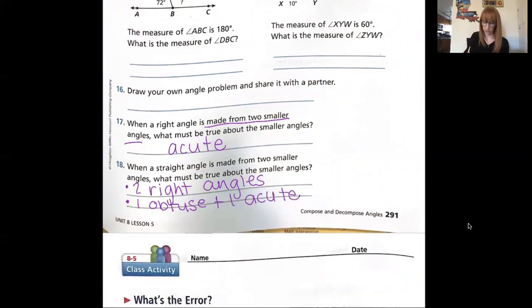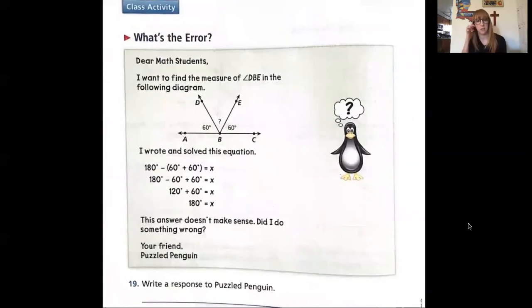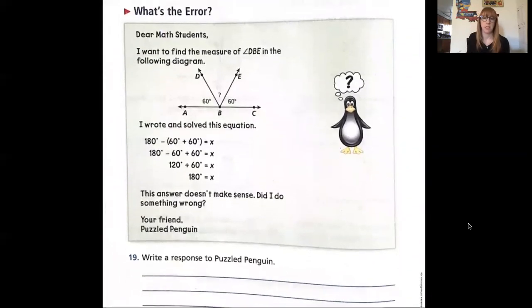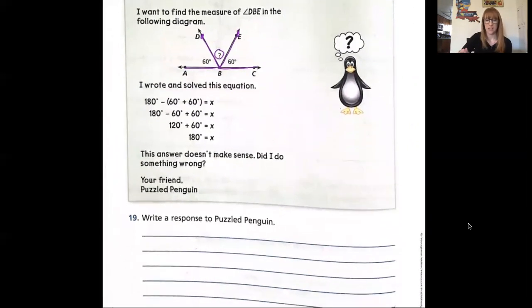Okay. Now for Puzzled Penguin, he says, "Dear math students, I want to find the measure of angle DBE in the following diagram." So we have DBE. We have some knowns and we have an unknown. "I wrote and solved this equation. The answer doesn't make sense.